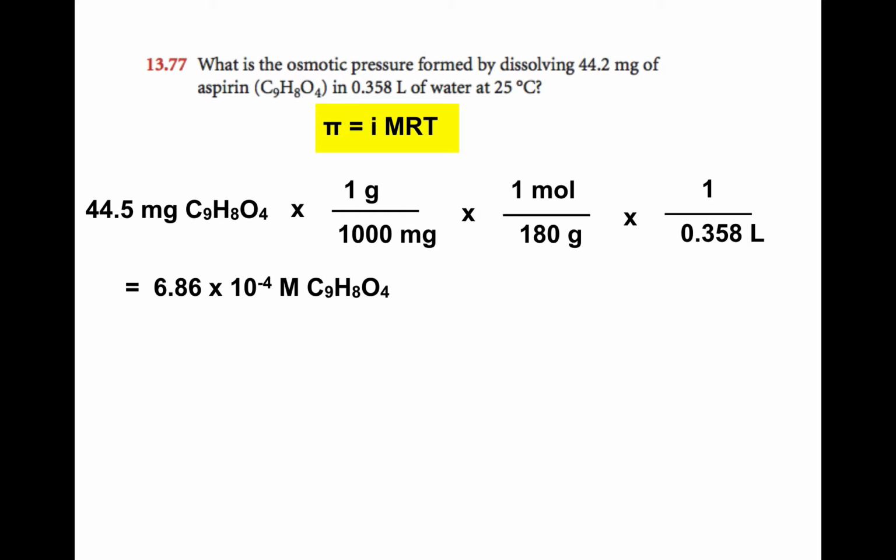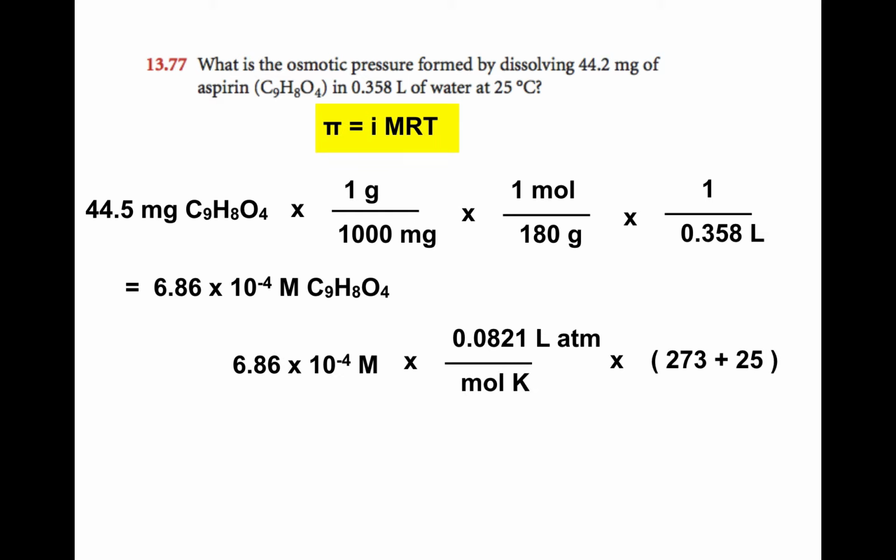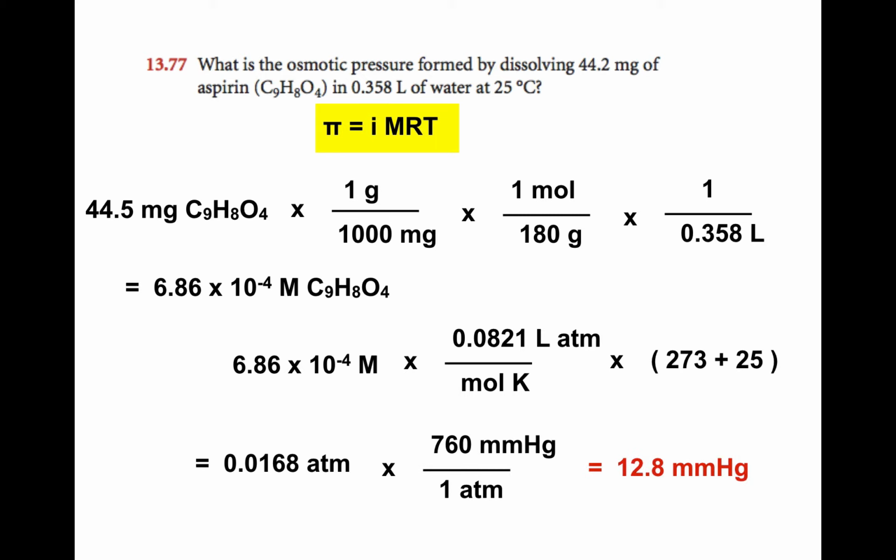Once I have the molarity, I multiply by the gas constant, 0.0821 liter atmosphere per mole Kelvin, and multiply by the temperature in Kelvin. Kelvin cancels, moles per liter cancels, and I'm left with my pressure in atmospheres. If you don't like the pressure in atmospheres, because it's too small a fraction of an atmosphere, you can convert it to millimeters of mercury and get the osmotic pressure for this system.